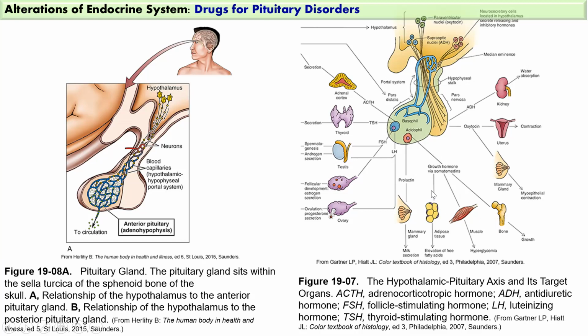On the adipose tissue, it will increase the elevation of fatty acids. For the muscle, it will cause hyperglycemia, and for the bone, it will increase the growth of the bone or strengthen the bone. That's the growth hormone. So this is from the anterior lobe of the P gland.